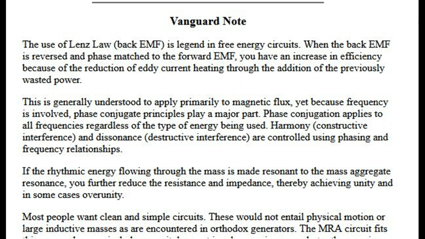Harmony, constructive interference, and dissonance, destructive interference, are controlled using phasing and frequency relationships. If the rhythmic energy flowing through the mass is made resonant to the mass aggregate resonance, you further reduce the resistance and impedance, thereby achieving unity and in some cases over unity. Most people want clean and simple circuits.